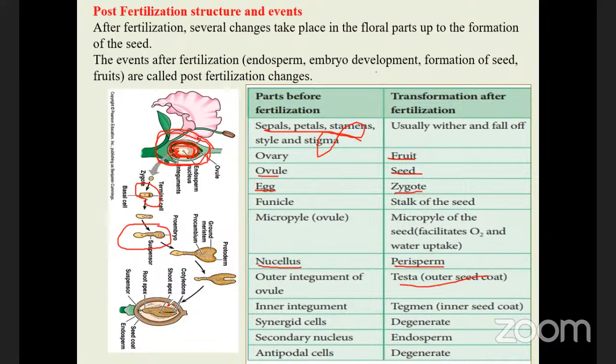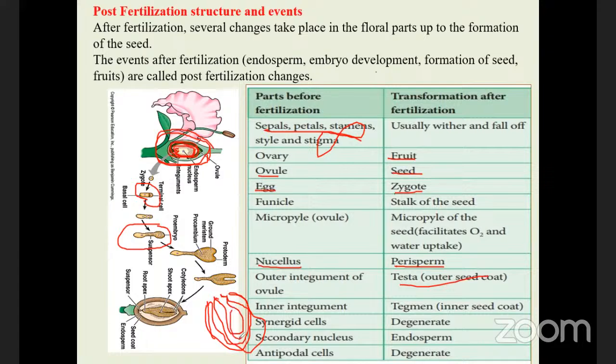The ovule has two layers: the outer integument will become the testa, and the inner integument will become the tegmen, with the micropylar space as an open porous space.